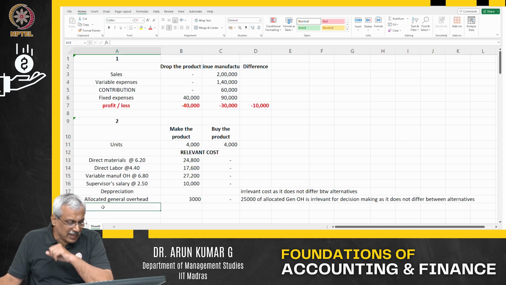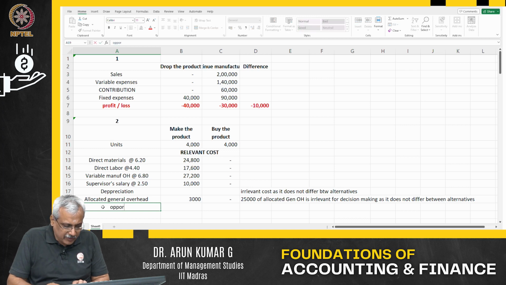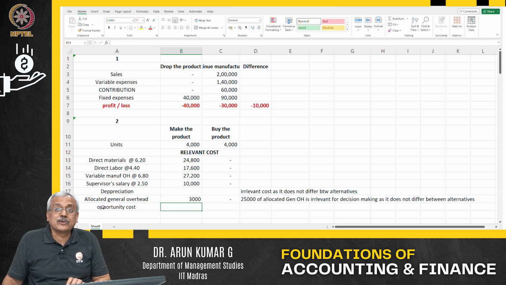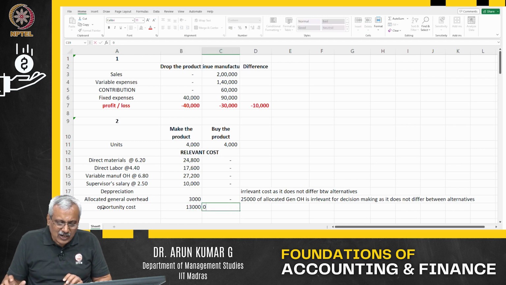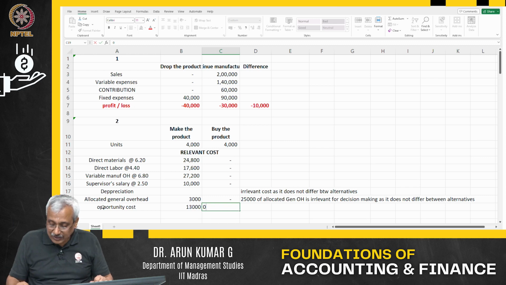This is what is called opportunity cost. If I make the product, my opportunity cost is 13,000 because I cannot generate it. If I do not make the product, I earn that 13,000.